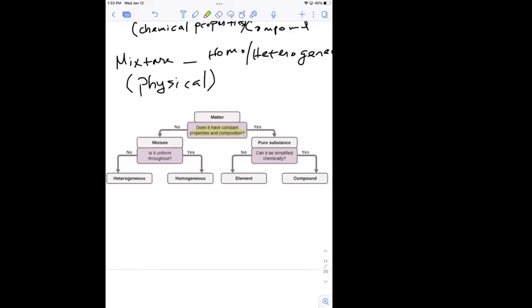So if the properties and the composition are constant, yes, then we can say that it is a pure substance.